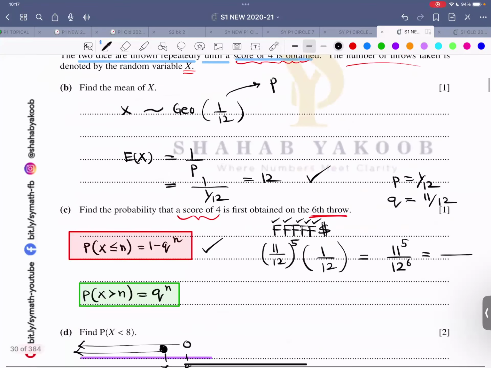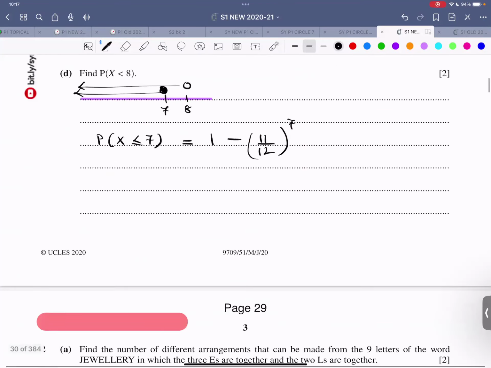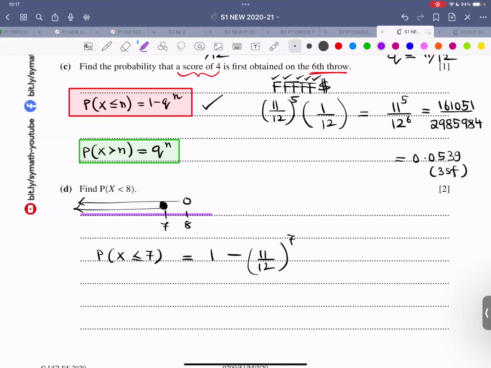Over here, reciprocal of probability, that is 12. And this thing is coming out to be, this one is a big number, 161,051 divided by 2,985,984. If you want to write in the fraction form, or you can write this thing as 0.0539, correct to 3 significant figures. So now this is all good. This is all good also.